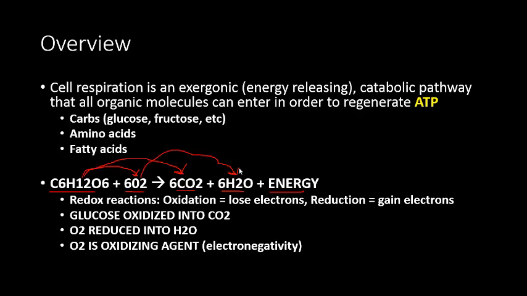Oxygen, overall, is the major oxidizing agent of cell respiration. It's pulling the electrons away from glucose. The reason why oxygen pulls electrons away from glucose is because of its high electronegativity. Remember, electronegativity is the pull of electrons.